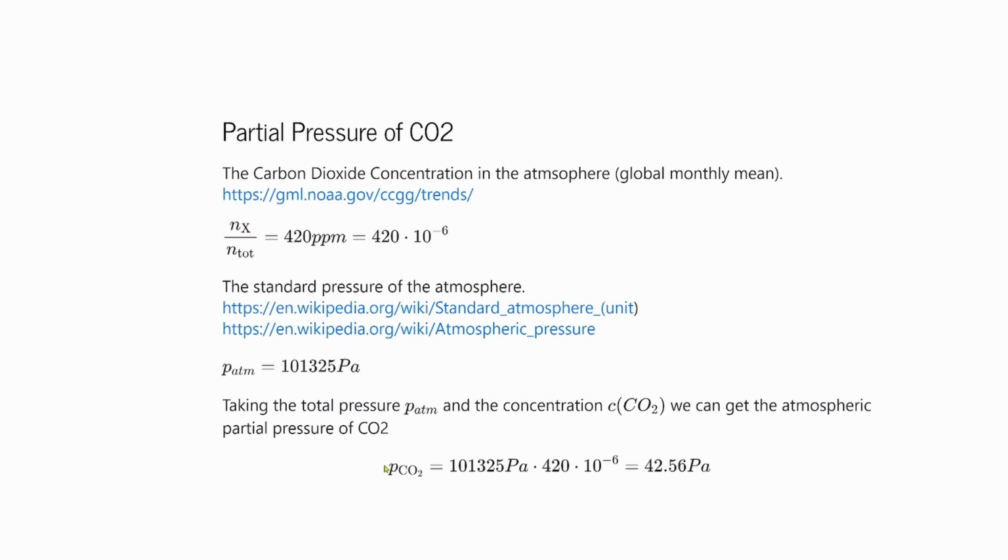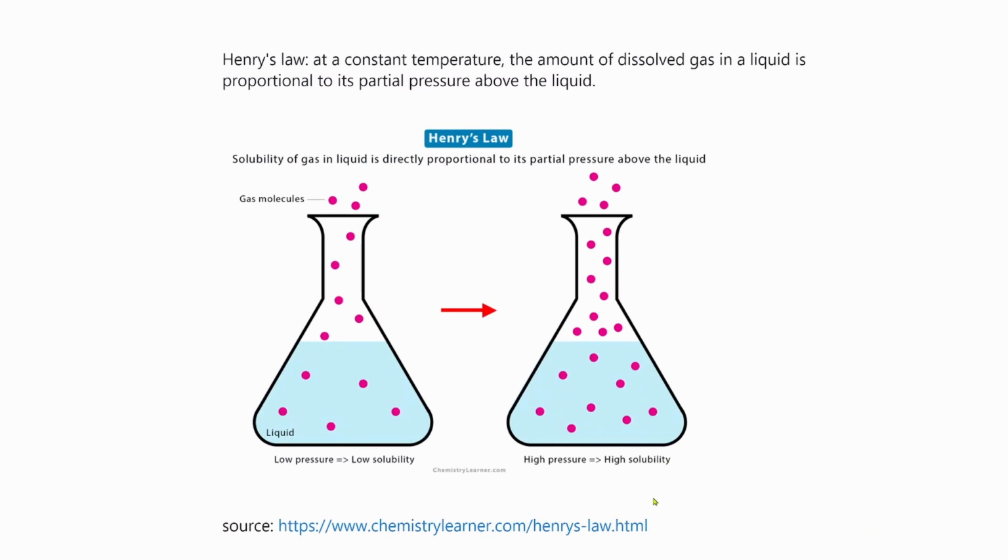This number, just multiply this number in Pascal with this ratio, which just has no unit, and then you will find out the partial pressure of CO2 in our atmosphere currently is 43 Pascal. Okay, so the next step.